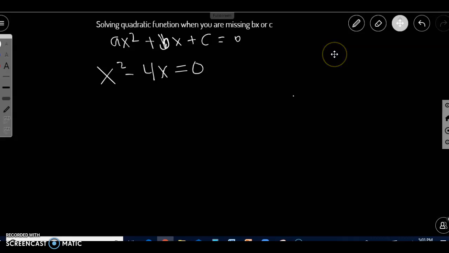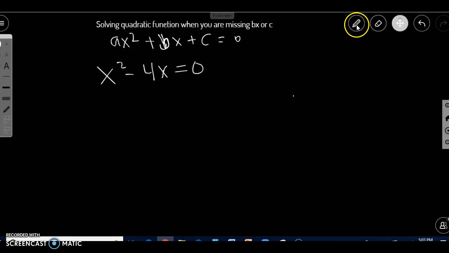But if it helps you to solve, you can always insert it back in there. If you look into your pocket and there is no money in there, that means you have 0 money. So here, if there is no c, that means we have 0.